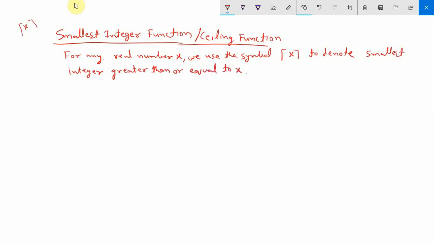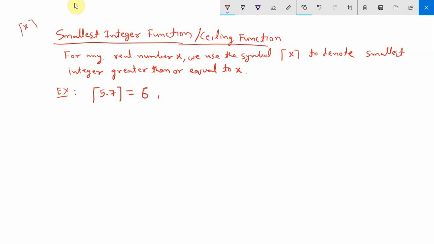Okay, so for example, if we consider some number 5.7, what is the smallest integer function of 5.7? It will be the smallest integer greater than or equal to x, so just greater than 5.7, that is 6.